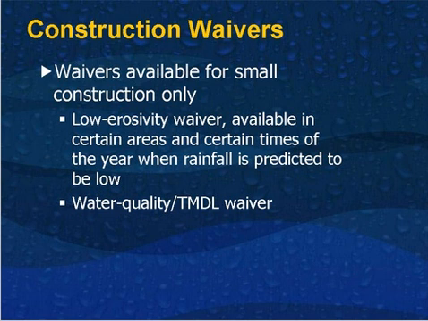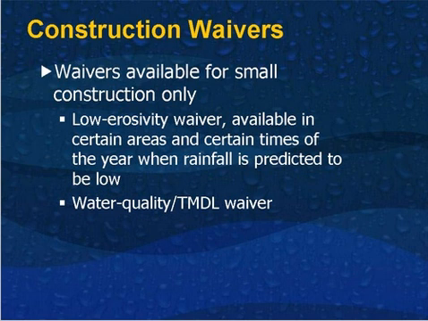So we have in the construction program, as John mentioned, for small construction only, that is construction under 5 acres, we do have a low erosivity waiver possibility. EPA offers this in its construction general permit, and some other states do, and it is a state choice, again, as to whether they want to offer this waiver or not.